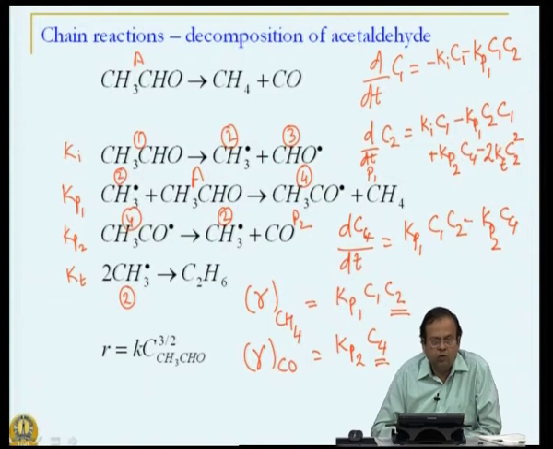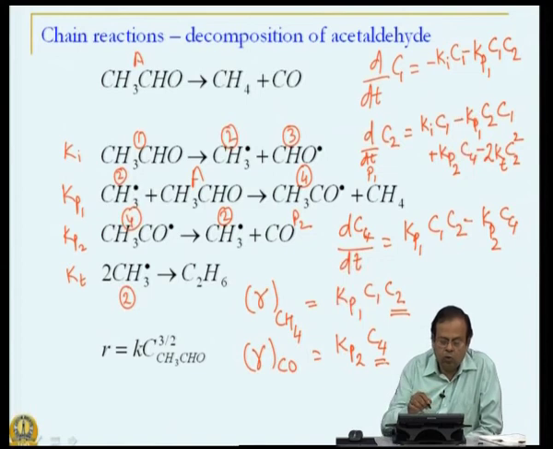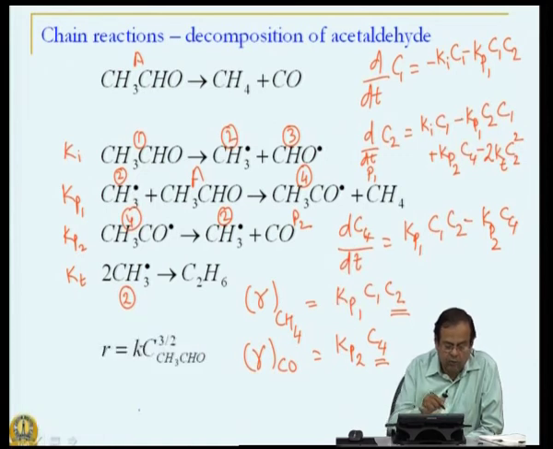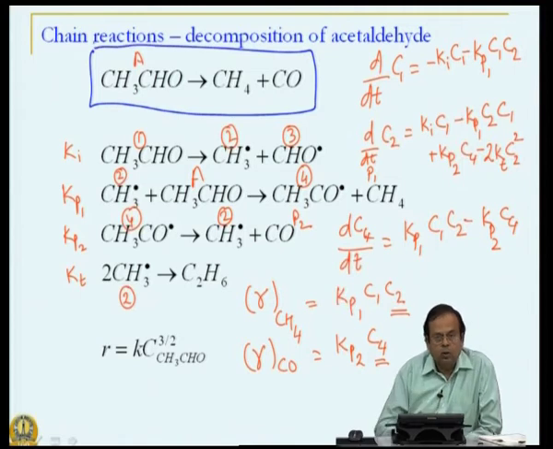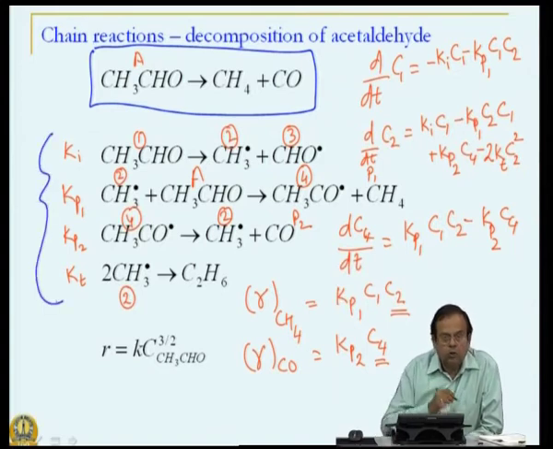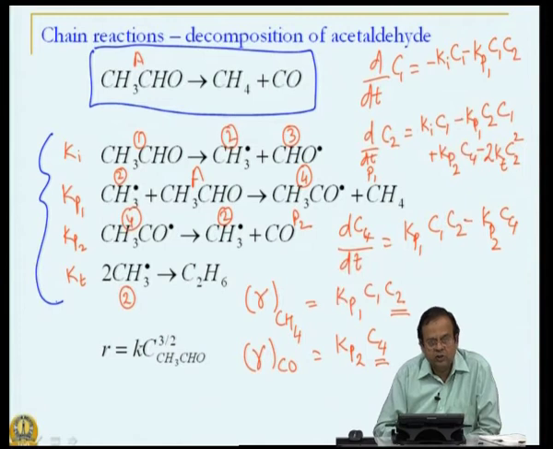So, before we invoke quasi steady state approximation, let me recap. We have the overall reaction, which we wrote in terms of its constituent reactions. So, the mechanism of this reaction, and we want to invoke certain approximations or make certain assumptions.